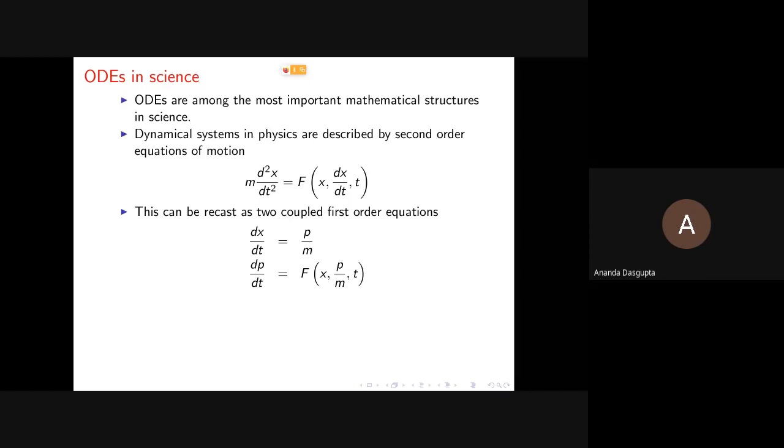Now the reason why this is important is that solving first order differential equations numerically is a lot easier than solving second or higher order differential equations. However, the important thing here is you can always recast higher order differential equations in terms of several first order differential equations.